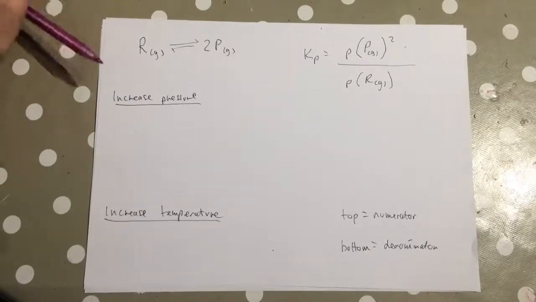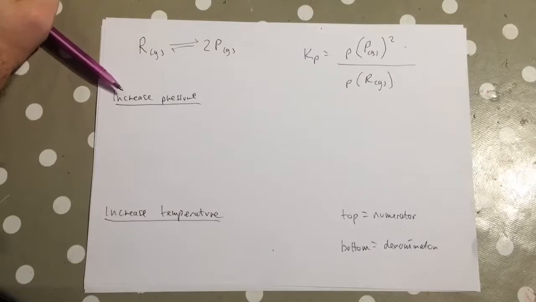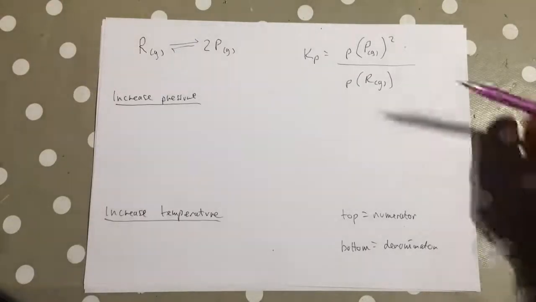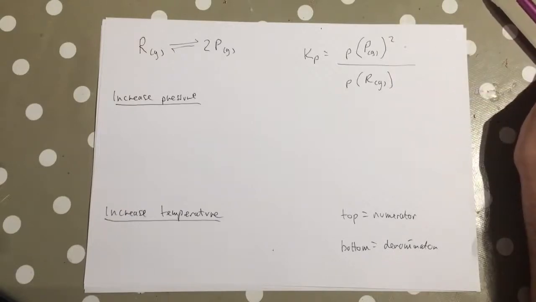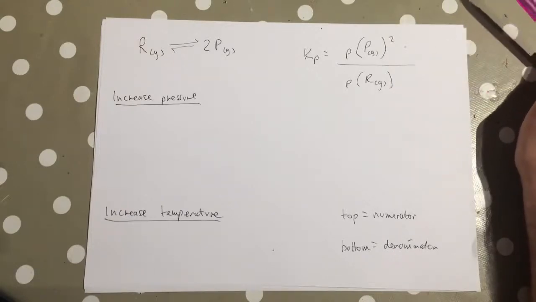So let's have a look what happens then. If I was to increase the pressure, what I would be doing is increasing the partial pressure of both my product and my reacting gases. So when you increase the pressure, the partial pressure of all your gases increases.